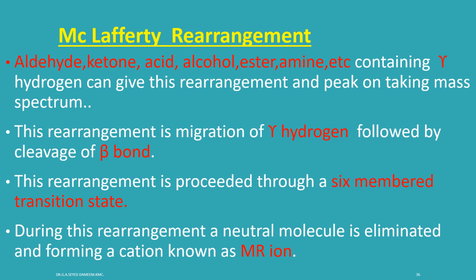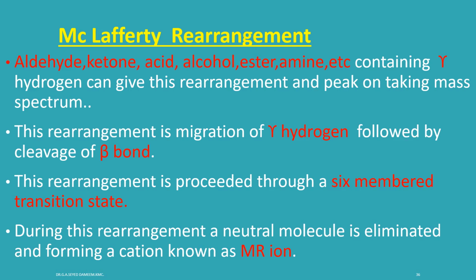Next topic, McLafferty rearrangement. It is an important topic, and questions are frequently asked on it. On taking the mass spectrum of aldehyde, ketone, acid, alcohol, ester, amine, etc. containing a gamma hydrogen atom, due to this rearrangement, that is McLafferty rearrangement, an ion is found. That ion is simply called the McLafferty rearrangement ion, or Mr ion, and it gives a peak called the Mr ion peak.